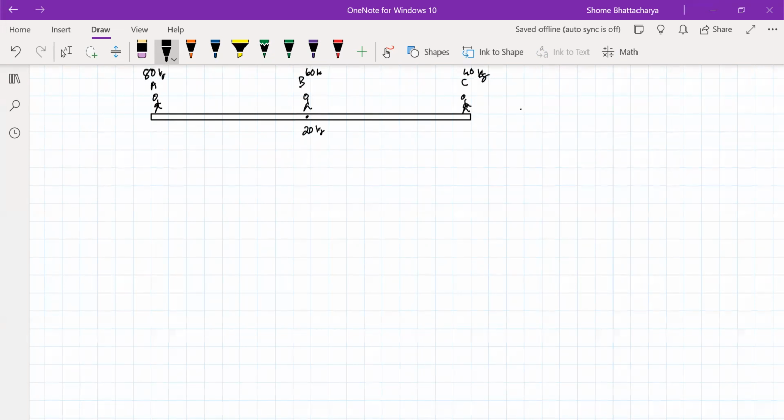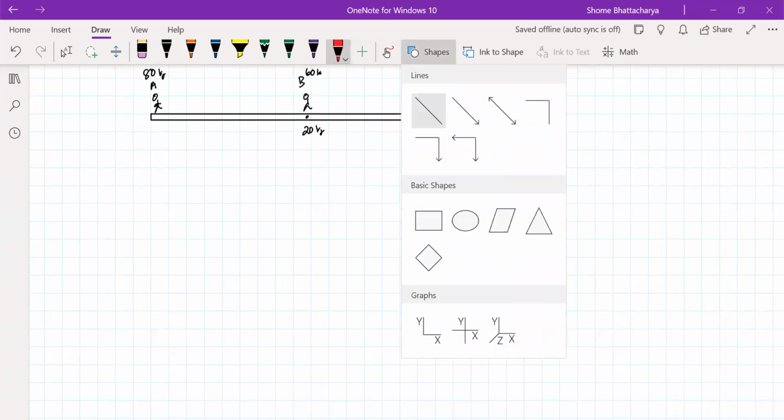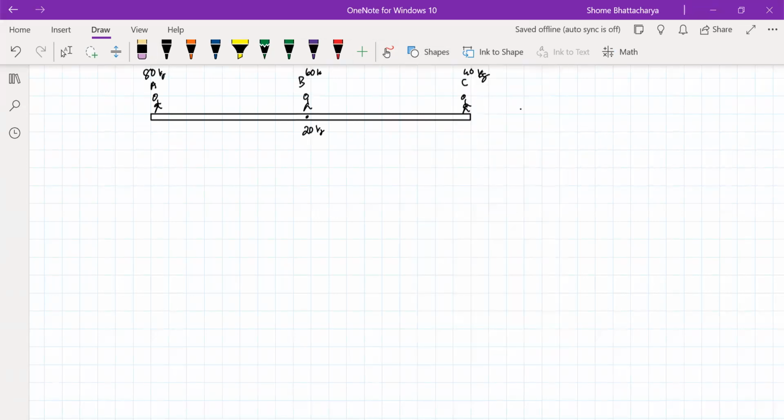Now, by the time E walks to the other end, let us assume that the plank shifts towards the left by some amount. So the plank's center has moved here. And now E is here, so the 80 kg mass is here, whereas C has moved to the center of the plank.